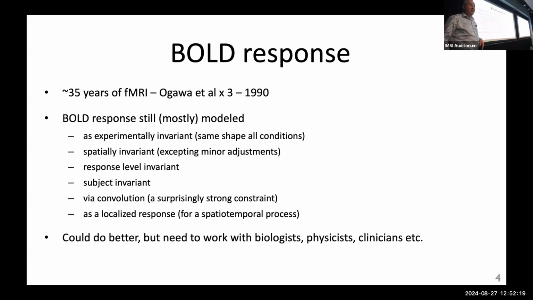It's subject invariant, we're all assumed to have the same hemodynamic response shape. And it's modeled primarily by convolution, which is a surprisingly strong constraint. In addition, we model it voxel by voxel typically, so it's a localized response estimate. But really, the bold response is a spatiotemporal process, so that's obviously not a good model.